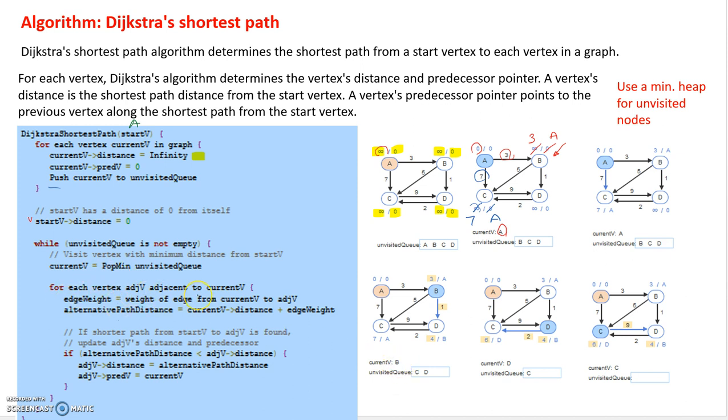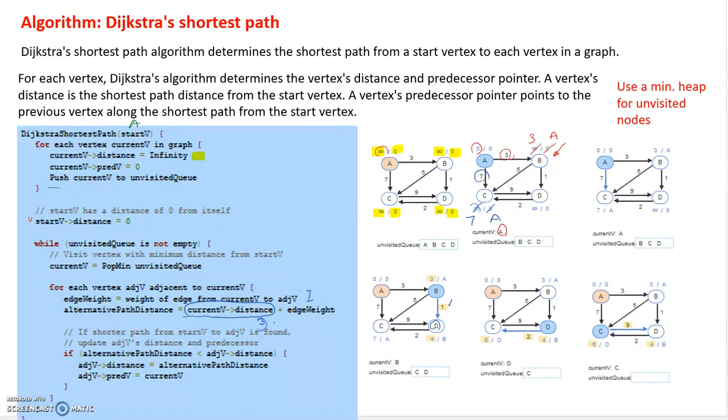Now for each vertex adjacent to B, what are the nodes adjacent to B? These are directed graph, right? So this is C and D. Now let's go after specifically the adjacent node D. What is the edge weight? Edge weight is 1. And then what is the alternative path distance? It will be current V distance, that is the distance of B, which is 3.